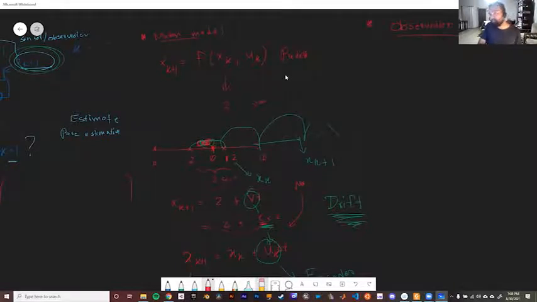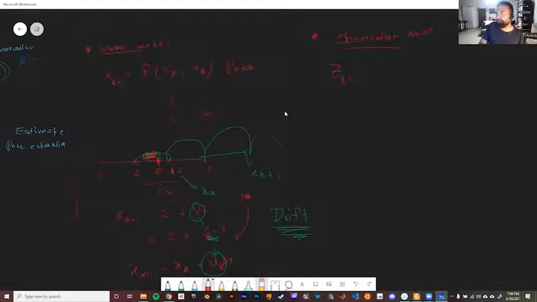So we have something called an observation model. What an observation model does is it figures out what the observation is going to be at step k plus 1. I'm going to use h as the function. Given your current location, it will tell you what your observation is going to be like, right?